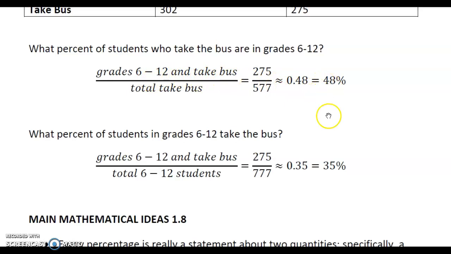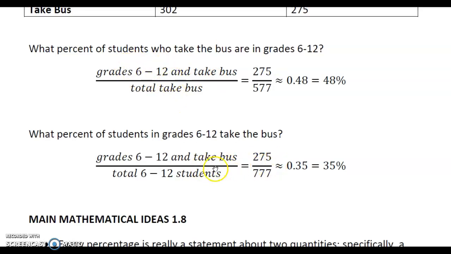So we could make some comparisons over these percentages. We know that if we compare those students to the total number of students that take the bus, it's about 48%. So almost half of the students that are taking the bus in the school district are in grades 6 through 12.